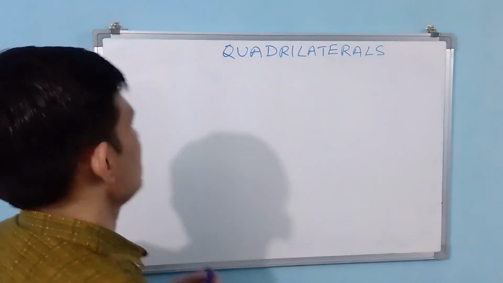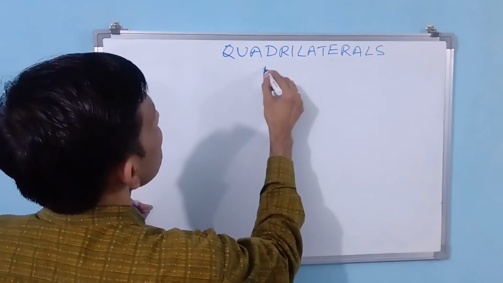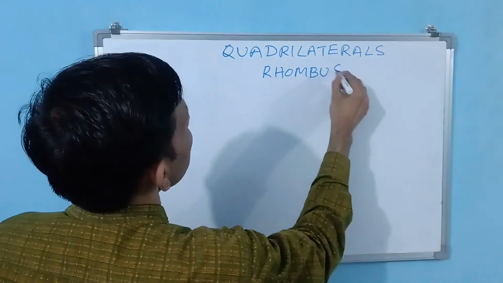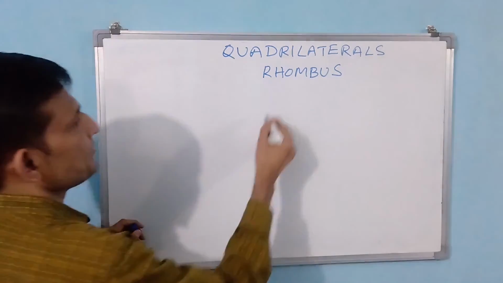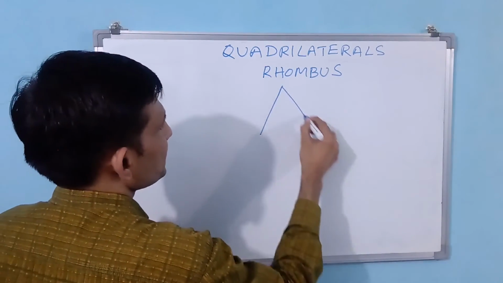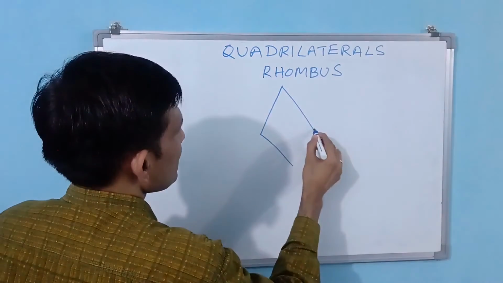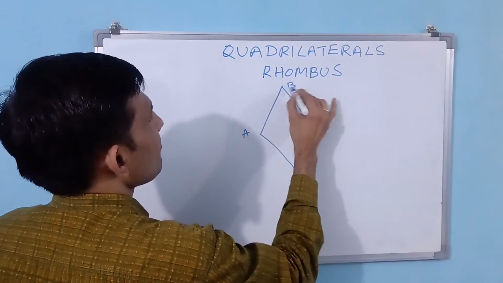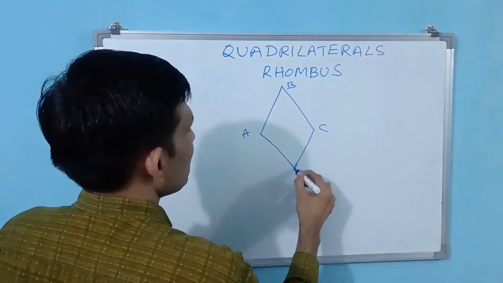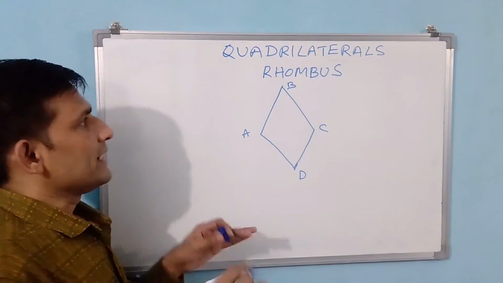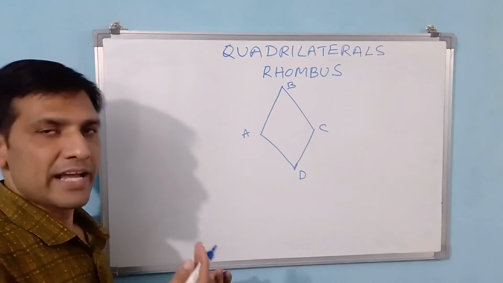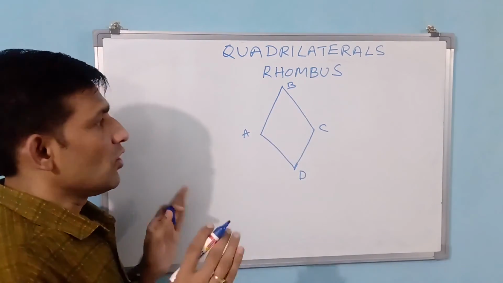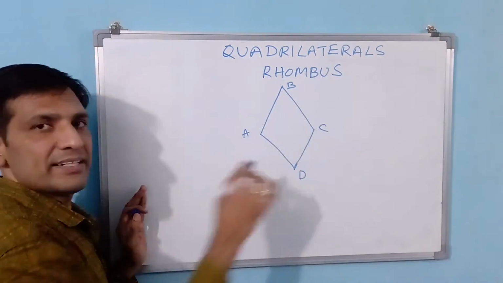Then we go for rhombus. Rhombus is like a diamond, diamond shape. Rhombus property is that all sides are equal.